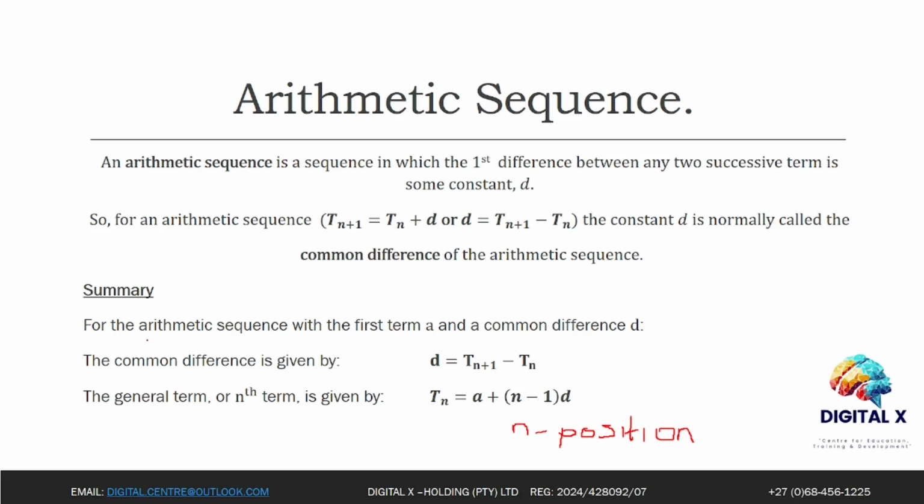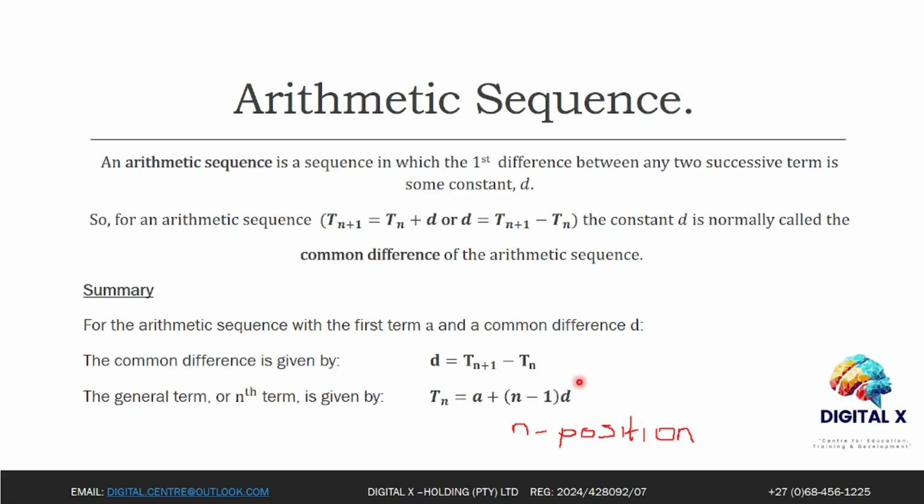And we close the brackets and we simply multiply by the difference. So again, we know that the general term of a sequence, or the nth term, is given by this particular formula over here. As we'll be doing more examples, this will be much simpler and clearer to understand.